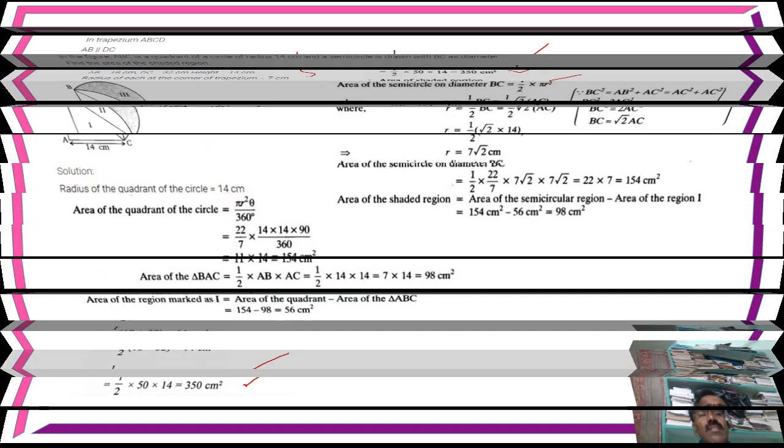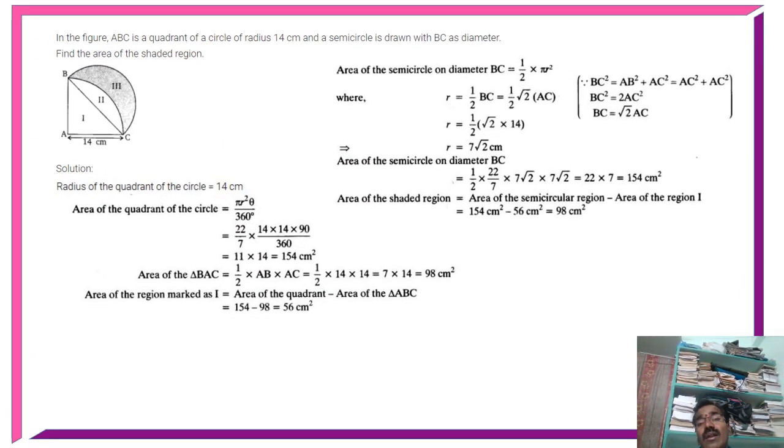In the next slide, let us be a little careful, students, this is a very important problem. In the given figure we need to find the area of the first part. The area of the second part is the area of the quadrant minus the triangle. After that, for the semicircle, we don't know the radius or diameter. By using the Pythagoras theorem we can find it: if it is a right isosceles triangle, the hypotenuse is 14 root 2, from the Pythagoras theorem.